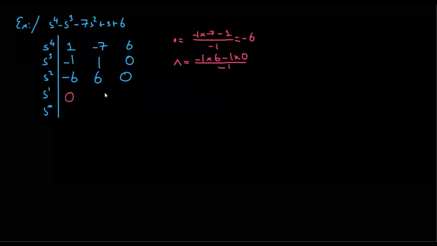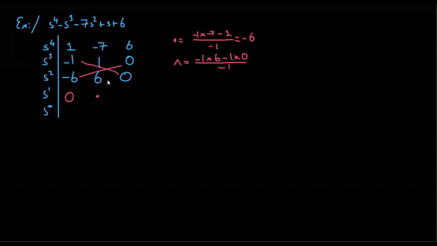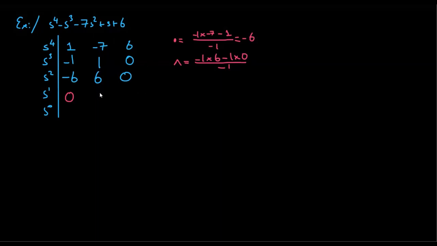Okay, and this term can be computed by multiplying those two and subtracting the multiplication of those two, which is 0 minus 0, divided by minus 6, so it is again 0. So this is also 0. Okay. And we do have a 0 here.